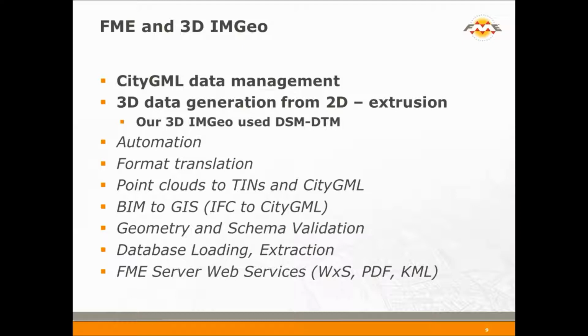Also, format translation, both for 2D and for 3D data types like point clouds, BIM, that certainly helps. And we'll get into validation later, but I'll just mention database loading and extraction, and our enterprise web services, things like WFS, PDF, and KML to deliver data to clients in the structure and stream that they require.